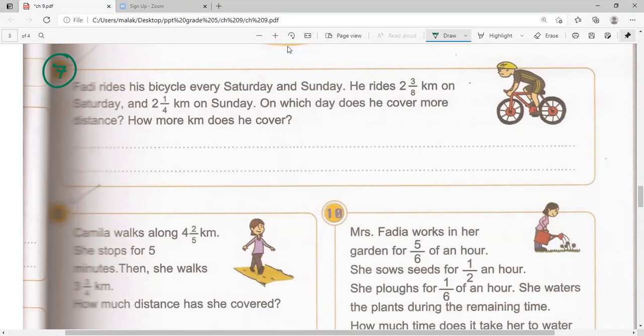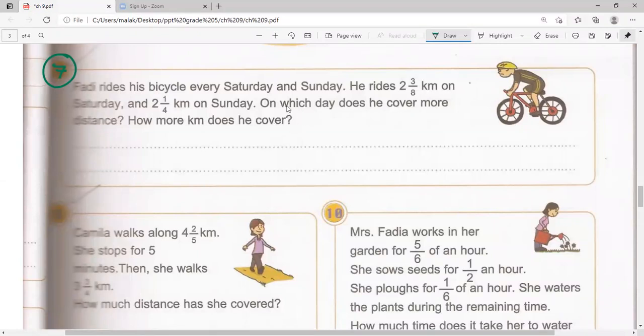Okay. Fadi rides his bicycle every Saturday and Sunday. He rides 2 and 3/8 kilometer on Saturday and 2 and 1/4 kilometer on Sunday. On which day does he cover more distance? How many more kilometers does he cover?